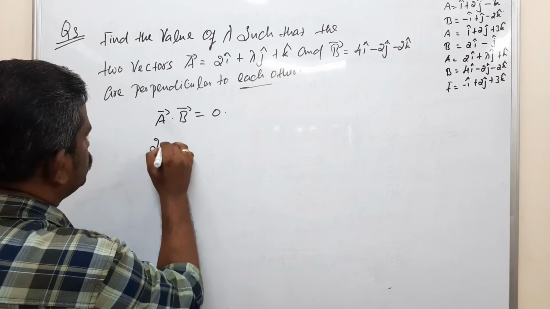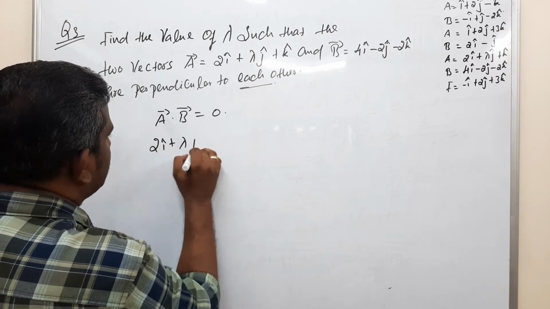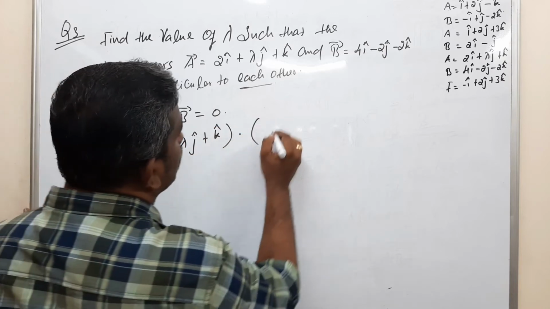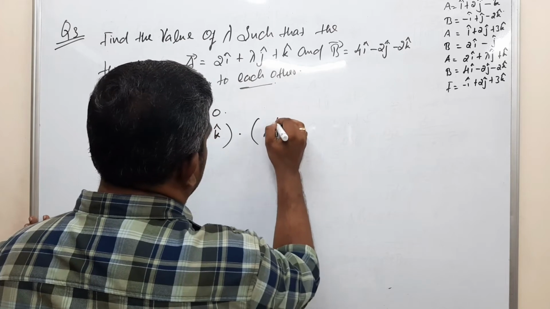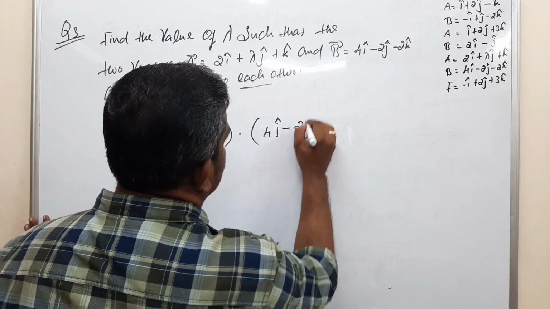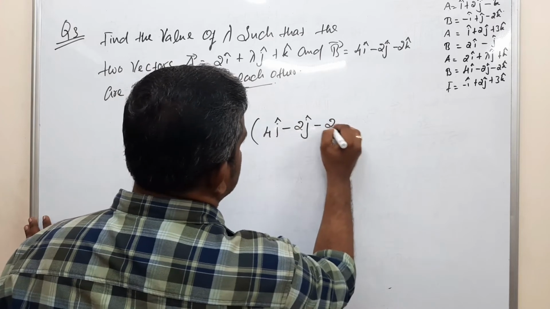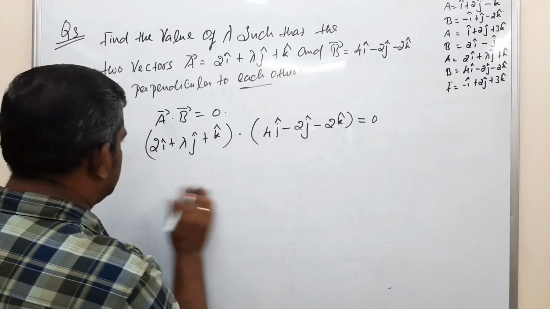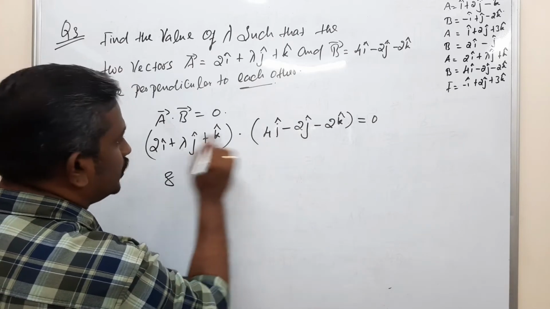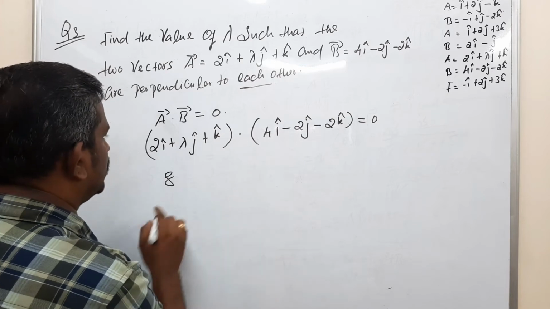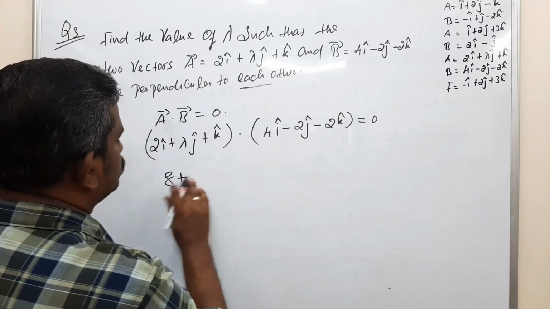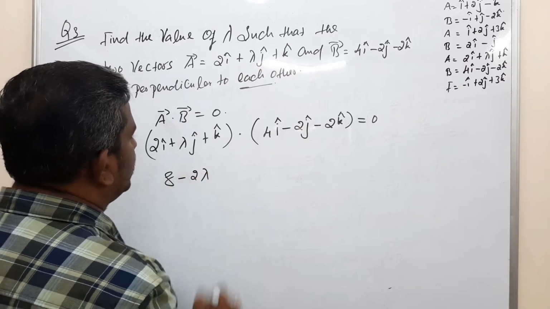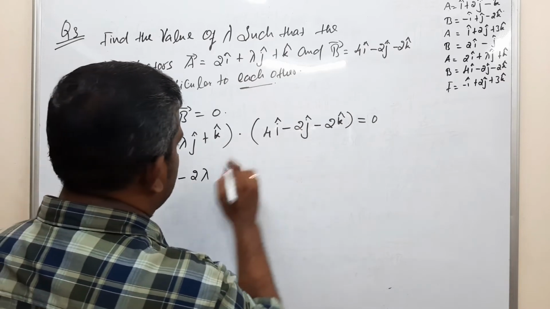So 2i cap plus lambda j cap plus k cap dot, what is B vector? 4i cap minus 2j cap minus 2k cap is equal to 0. So 2 into 4 is 8. i into i is 1. Then minus 2 into lambda, minus 2 lambda, j dot j is 1.